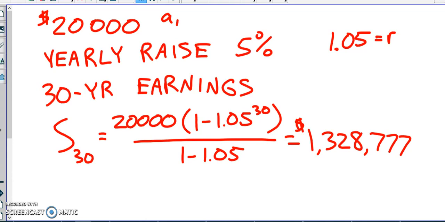Now, one interesting thing that we can do with geometric series and sequences, I guess we haven't talked about series yet, is what's called an annuity.